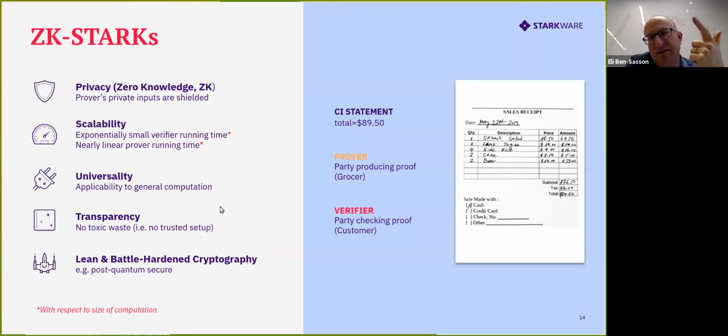The second property is scalability, which is really, really important, and most of my talk is going to talk about that aspect. So what does scalability mean? It means two things. First of all, verifying the correctness of a proof is exponentially faster, or logarithmic, same thing, in the length of the native computation that is being asserted.